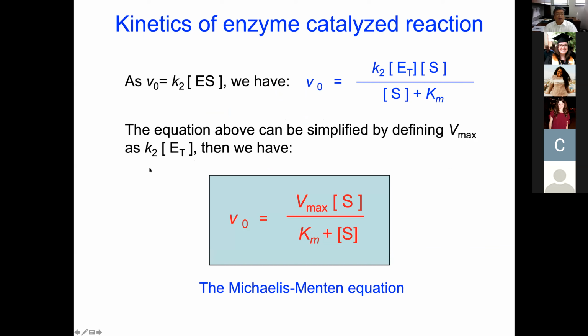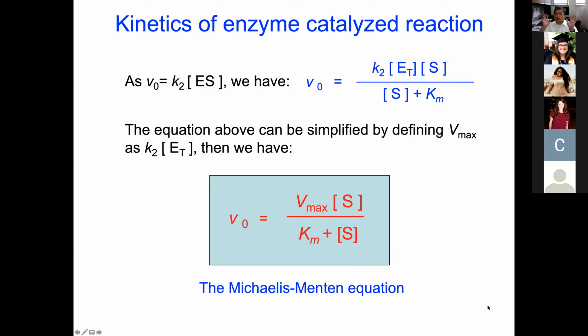So that is the highest possible rate of the reaction, which can be achieved if you do the experiment. And so if we replace K2 times ET by Vmax, now we have a very nice and simplified equation, which is V naught equals Vmax times substrate over Km plus substrate concentration. So this is what we call the Michaelis-Menten equation. That is the equation we use to describe the velocity of an enzyme catalyzed reaction.